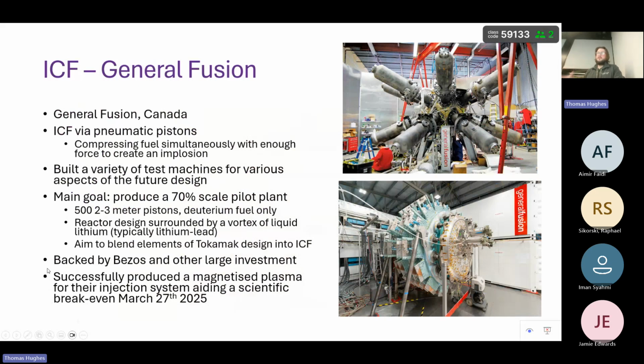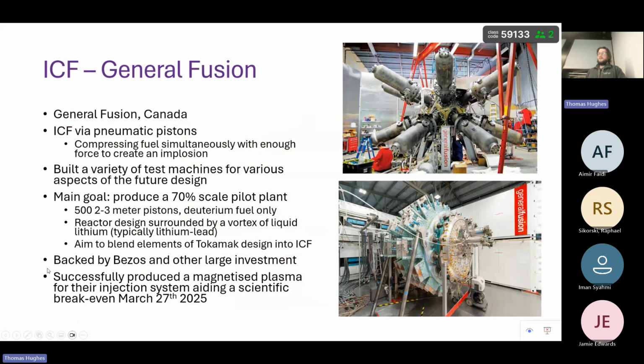Currently, their goal is only to do a 70% scale pilot plant, just as sort of proof of concept. Their main idea is to have about 500 2-meter long pistons and only use deuterium fuel. And the reactor design is surrounded by a vortex of liquid lithium, sorry, and aim to blend elements of some of the Tokamak designs into ICF.